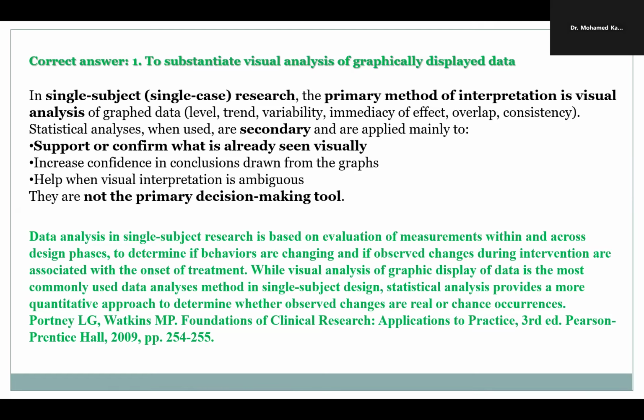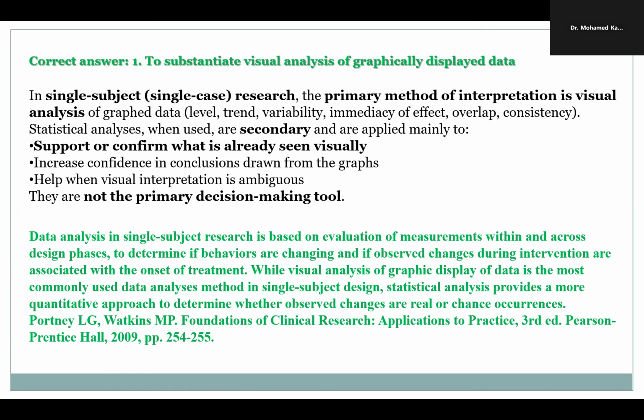Data analysis in single subject research is based on evaluation of measurements within and across design phases to determine if the behavior of the subject or the case we are studying is changing, and if observed changes during intervention are associated with the onset of treatment. So does treatment change the behavior of the subject or this case study?